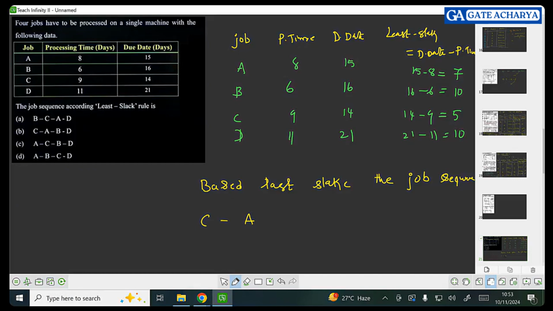Both are 10. Look at here. In that case you select the earliest processing time, so that is going to be B and then D. C, A, B, D is your answer, right? This is your answer.